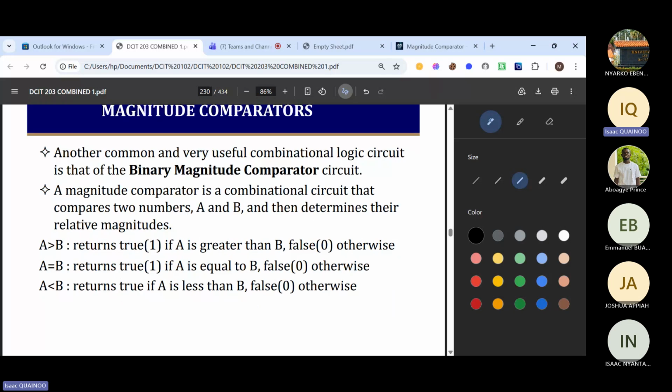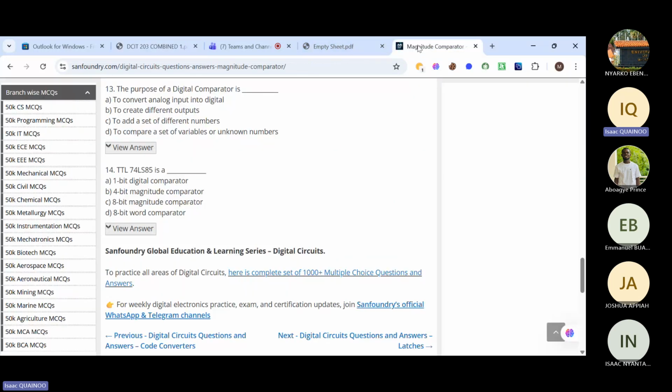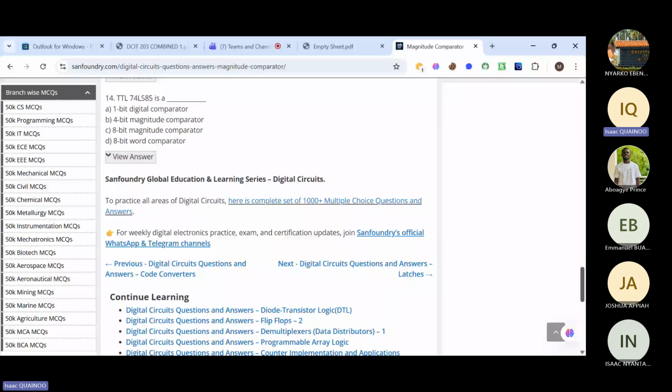The TTL74LS85 is one of them, and it is a 4-bit magnitude comparator. Its operation is that of a 4-bit magnitude comparator. But since it's not directly addressing the slides, let's just ignore that.